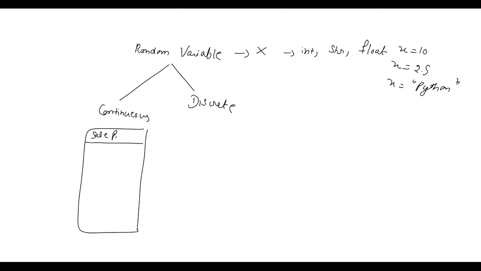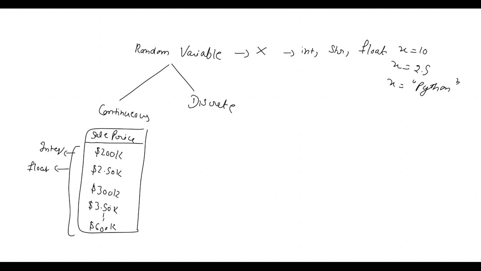The house sale price is between the range of 200K to 600K, but there are some values that lie in between as floats too. So this is called a continuous number. It contains float numbers and integers too, but it is within the range, and it contains decimal numbers too.